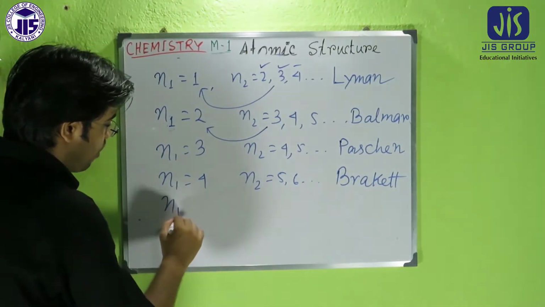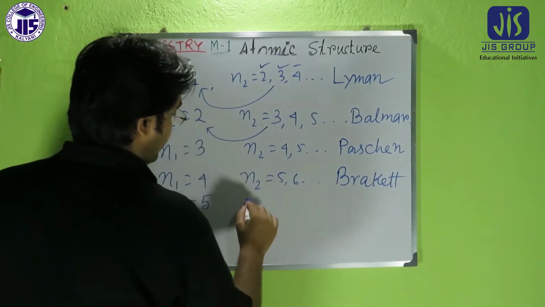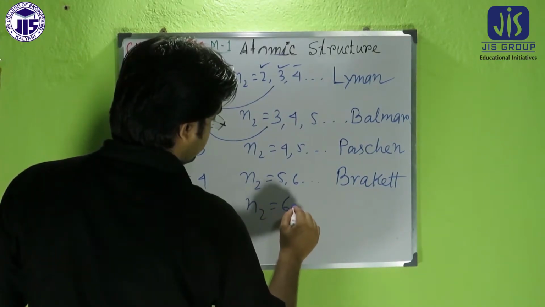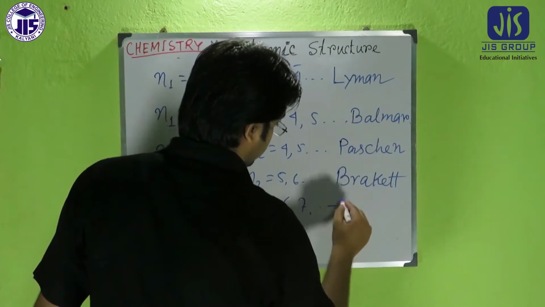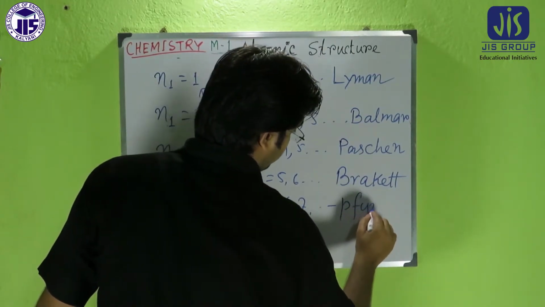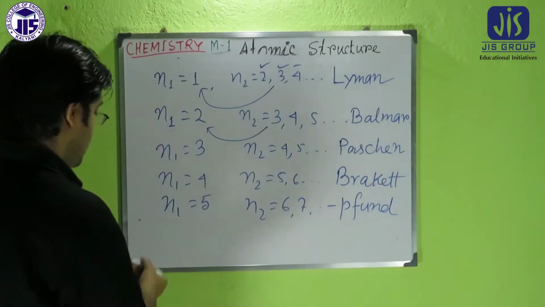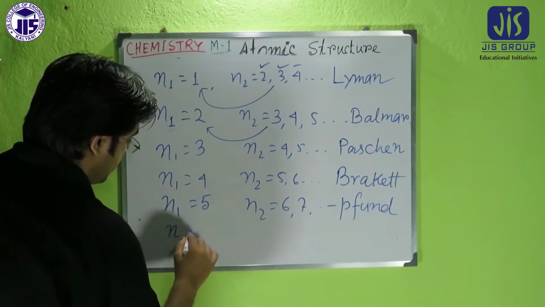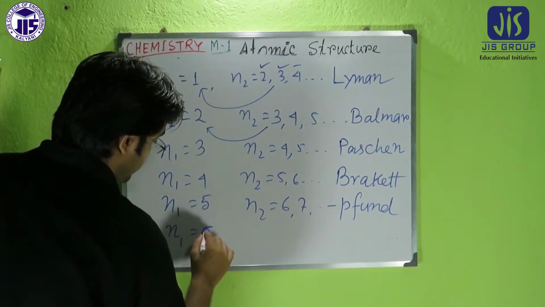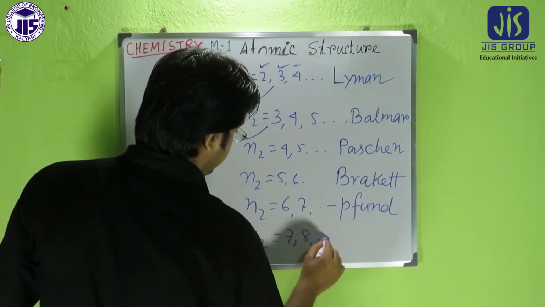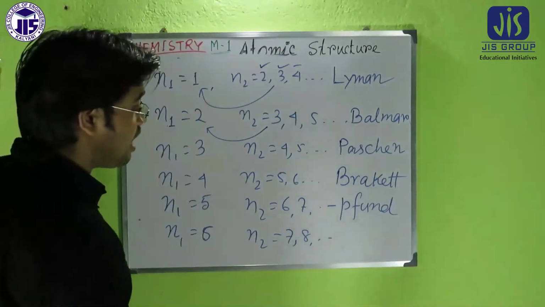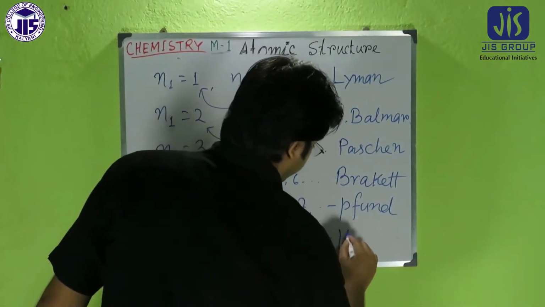Then if N1 equals 5 and N2 equals 6, 7, etc., then it is called the Pfund series. If N1 equals 6 and N2 equals 7, 8, etc., then the series is called Humphreys.